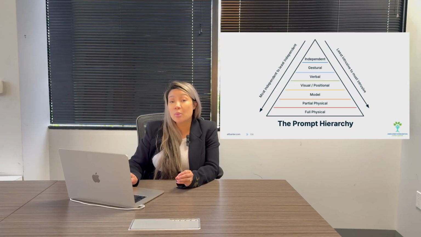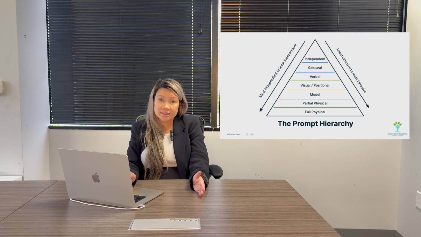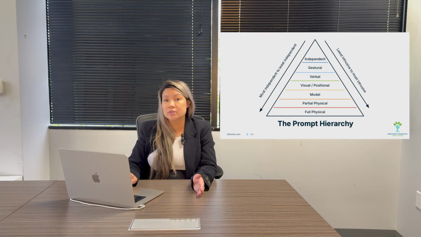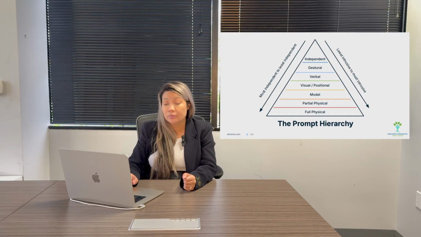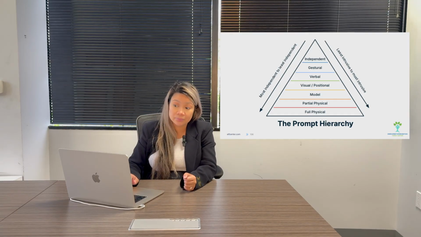So we will not prompt them the first trial. Instead, we'll present the SD. In this case, we'll say, do this. So we present the SD of do this, which is the motor imitation. Then we wait 3 seconds. We wait for the learner to respond.